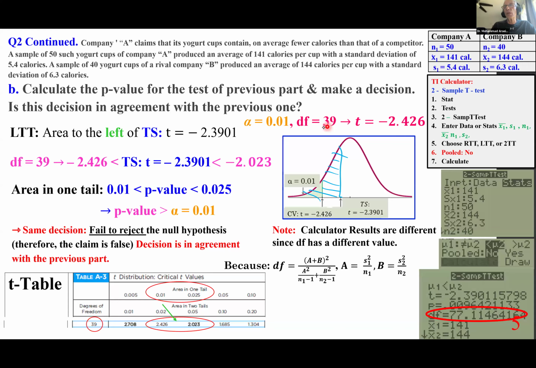That's why we go with the easy way out. And if you look at the p-value here, 0.0096, it's less than alpha of 0.01, and we're going to reject H0. So the calculated result will be different. You want to be careful with that. Okay. As long as you show work, we can always check it and see what we can get as far as partial credit is concerned.